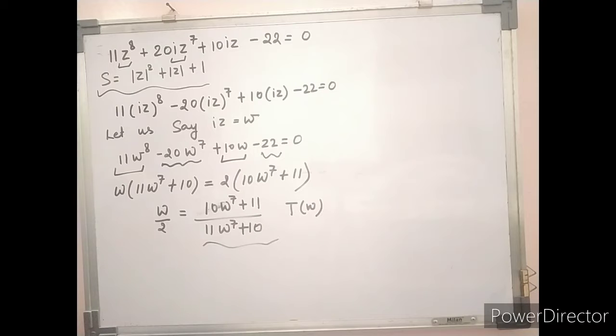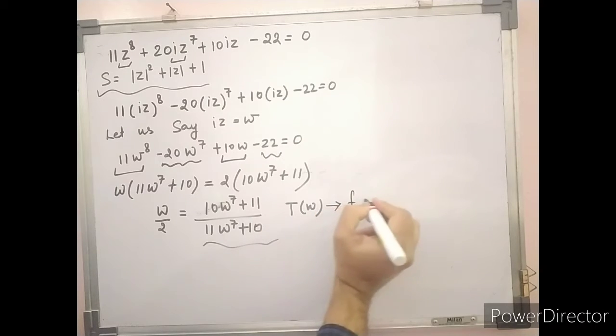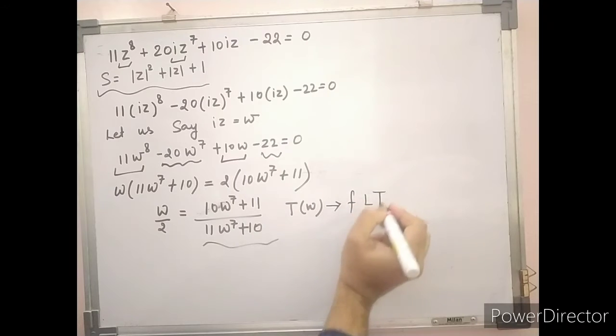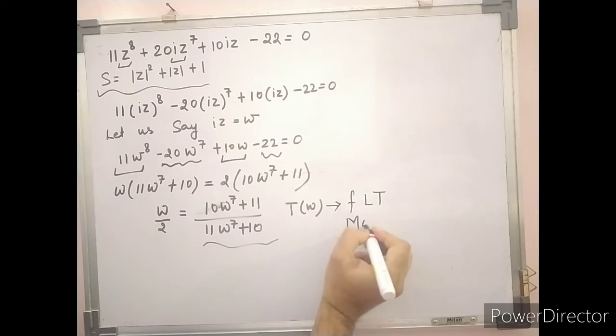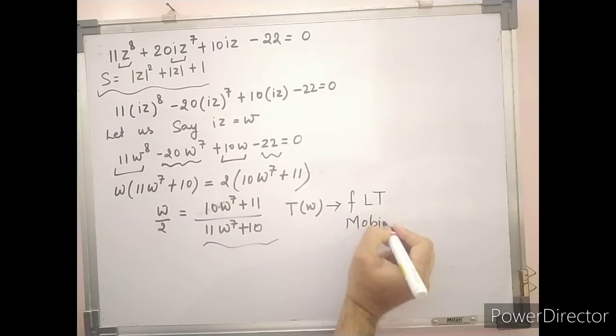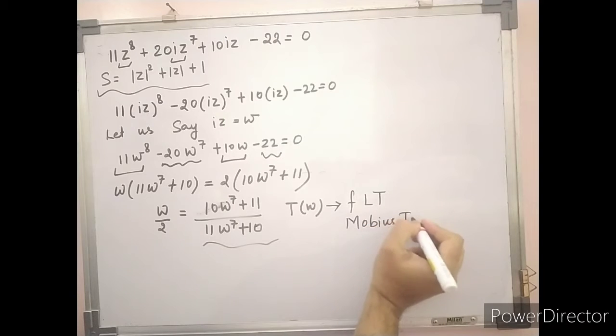So actually, you will be taught in your degree classes that this particular transformation is known as fractional linear transformation, FLT, or Mobius transformations. And under that transformation there is an inverse transformation, and if we adopt that particular method here, then this question will get solved very systematically.